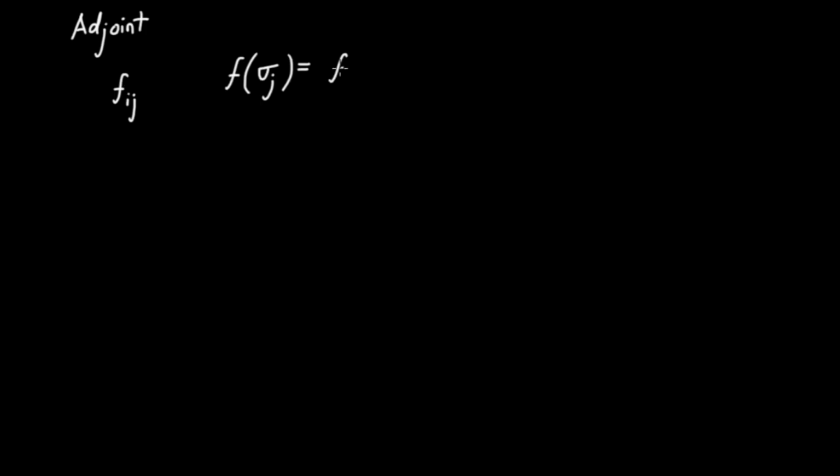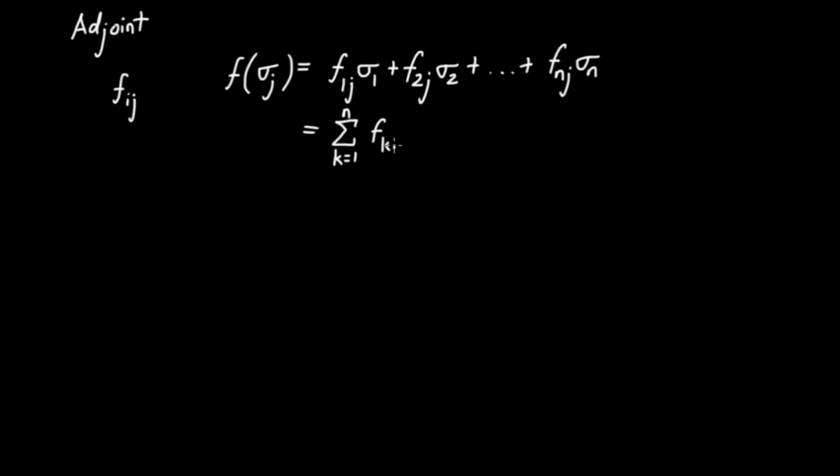So this will be f1j sigma 1 plus f2j sigma 2, dot dot dot, over to fnj sigma n. And of course, I'm going to collapse this down using some sigma notation. This would be the sum with k going from 1 to n of fkj sigma k. That's equal to f of sigma j.